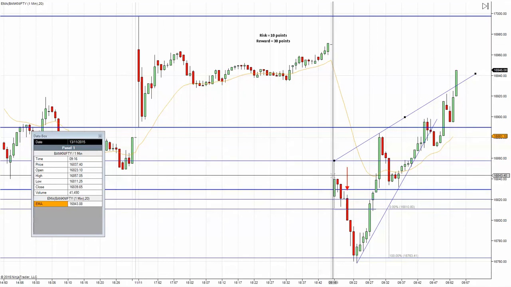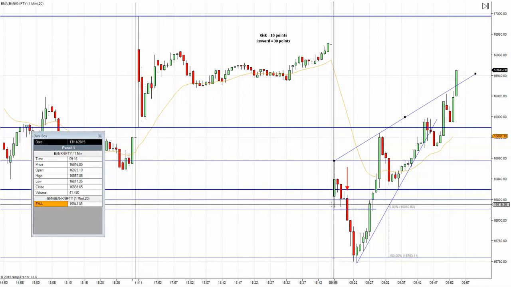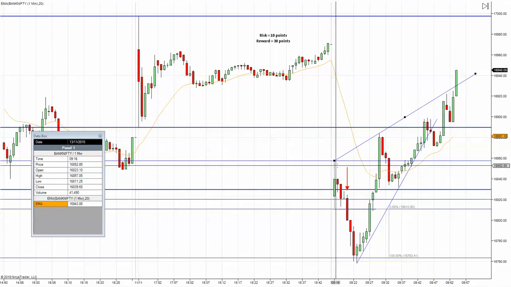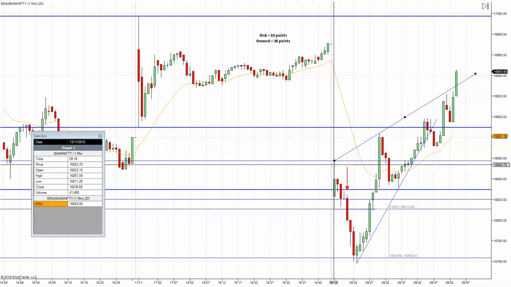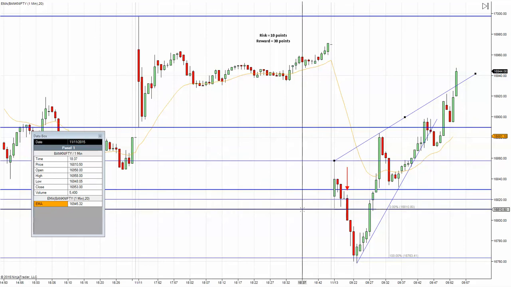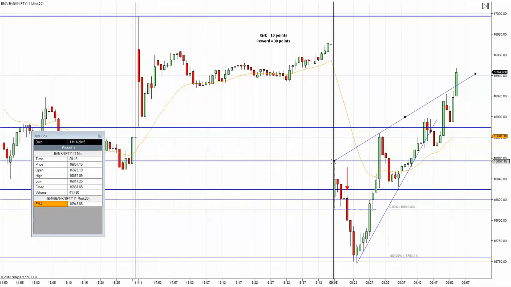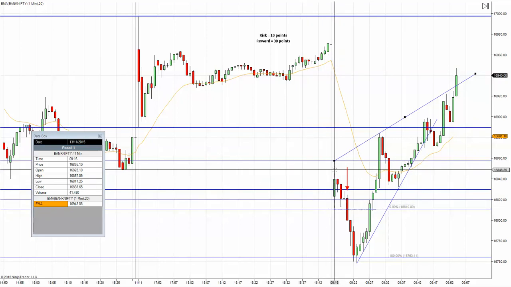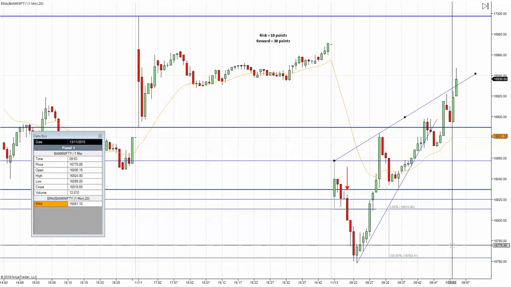So this particular bar kept the range in these two levels, the two blue lines that you see. That's basically the high and low of bar 1. So the range has been established.